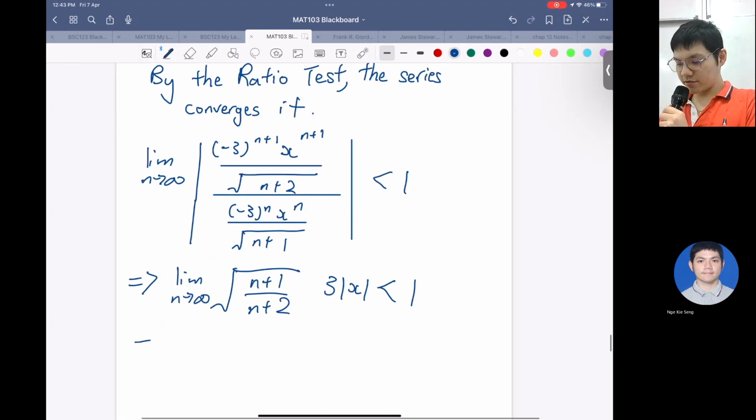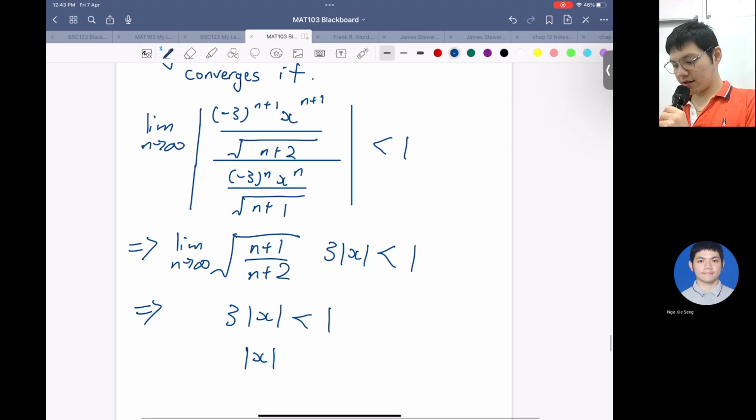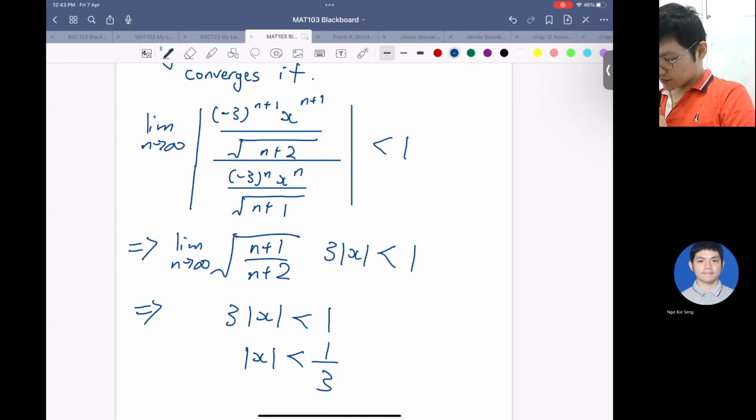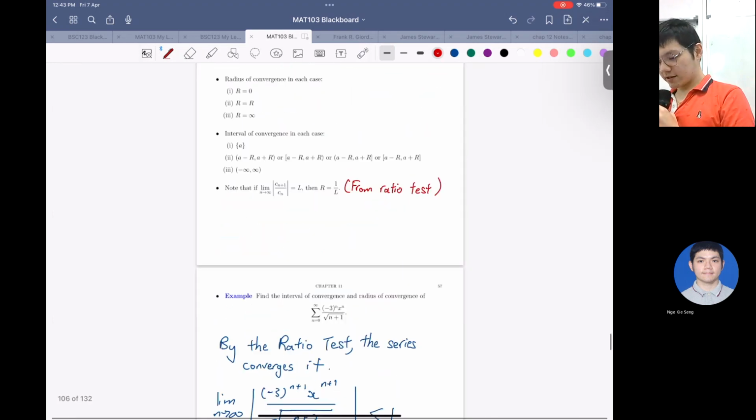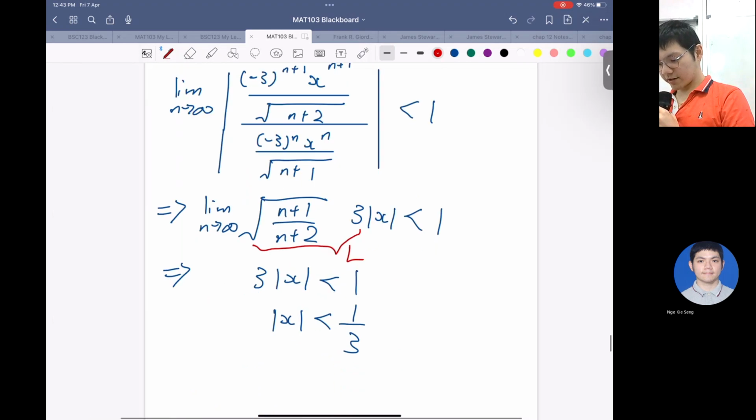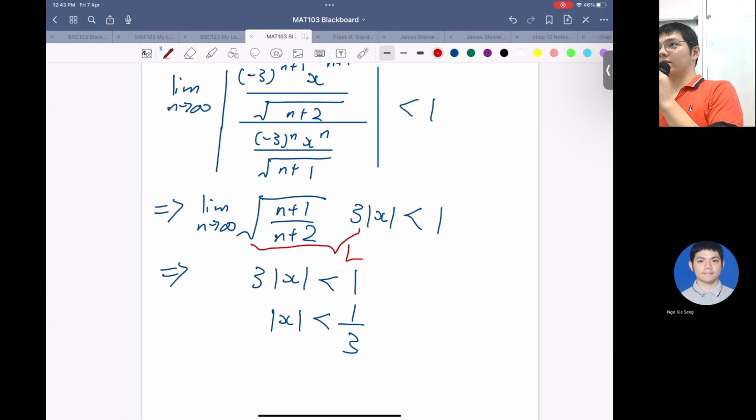So what does this limit equal to? 1. So we get 3 times absolute value of x, so x is less than 1 over 3. Right. So this is the L that the previous remark talked about. So your radius is 1 over L, 1 over 3. Make sense? Okay.